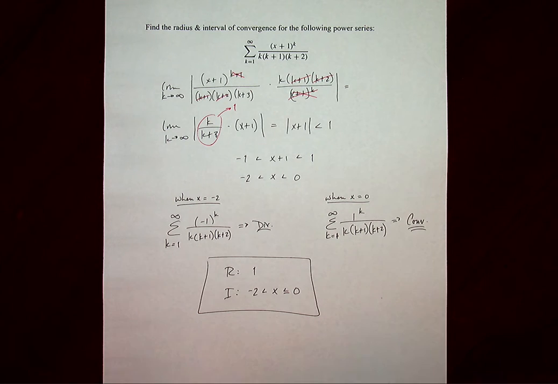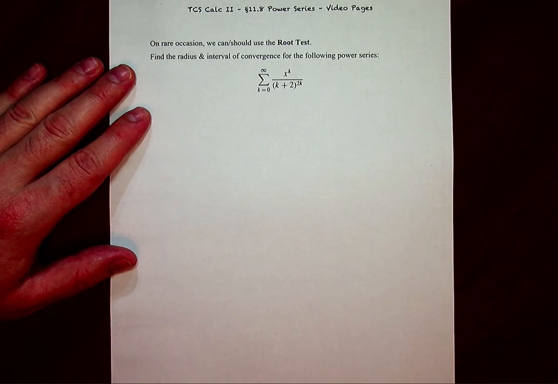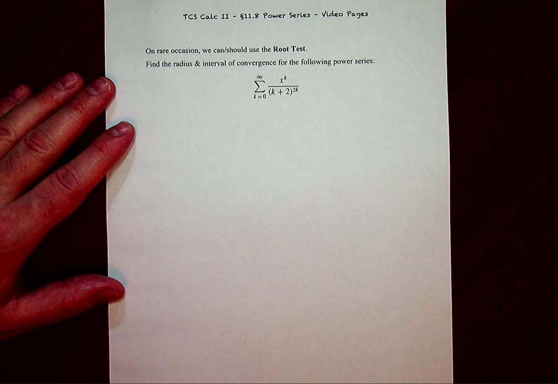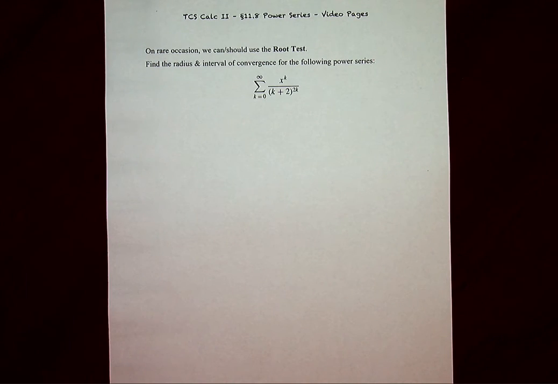Now this next one is going to be one of those rare cases when it actually is best to use the root test. We can pretty much tell the root test problems by the fact that the whole of the a sub n, or in this case a sub k, is raised to the k power.